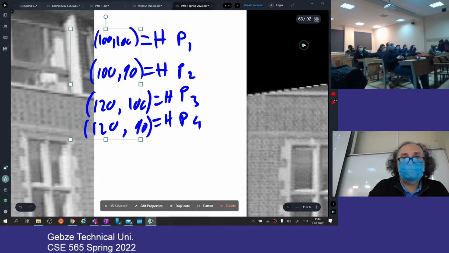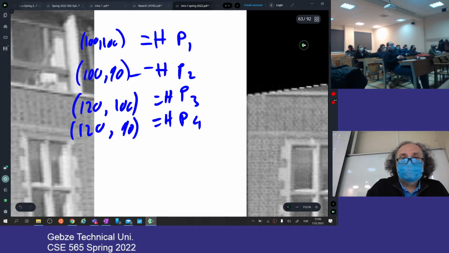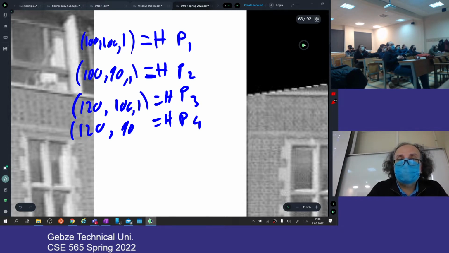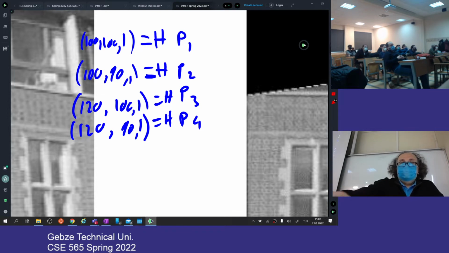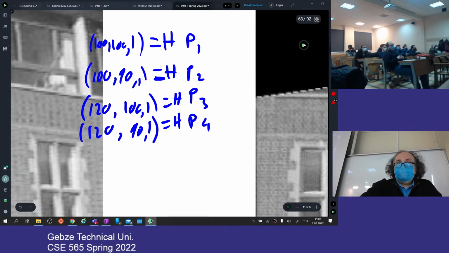So tell me what my problem is. It's 2D. Yeah, these should be all homogeneous coordinates, with 1 and 1, right? So P1, P2, P3, and P4 are in homogeneous coordinates. So multiply P1 with this H, I get this one.